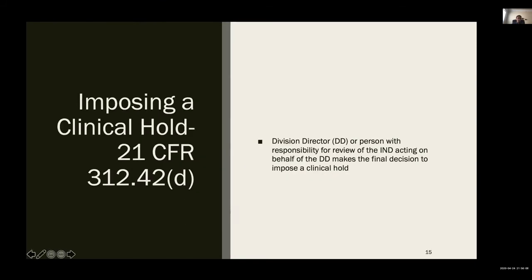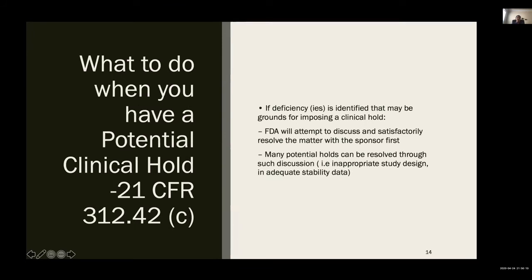Now, what do we do when we have a potential clinical hold? Typically when there's a clinical hold, the best possible option, if it's a simple thing, is something that is missing, or some data that can be supported or added to the initial IND. So initially the FDA will attempt to discuss and satisfactorily resolve the matter with the sponsor. That's the best path forward.